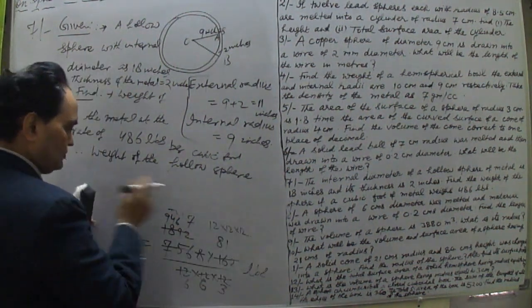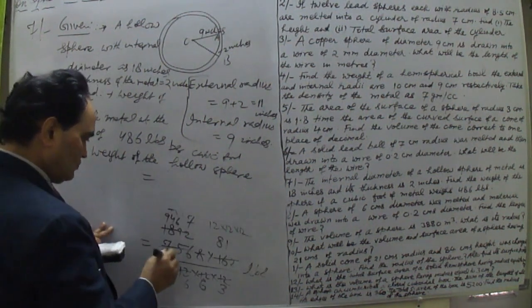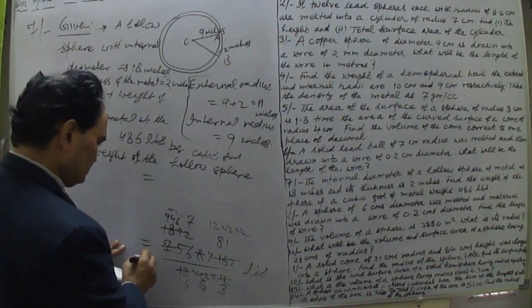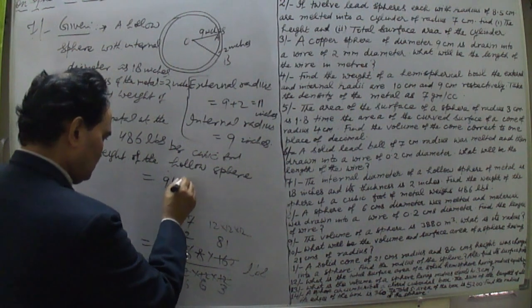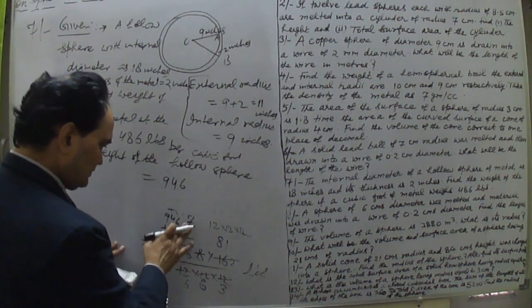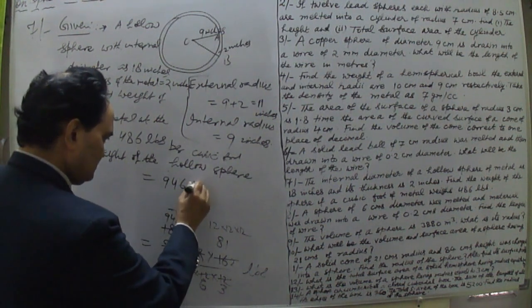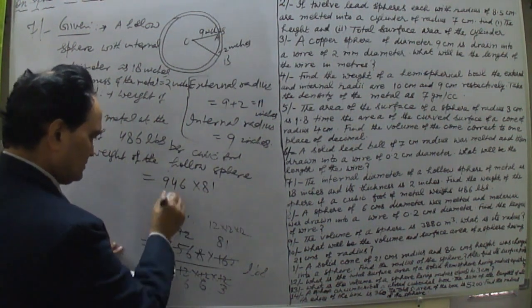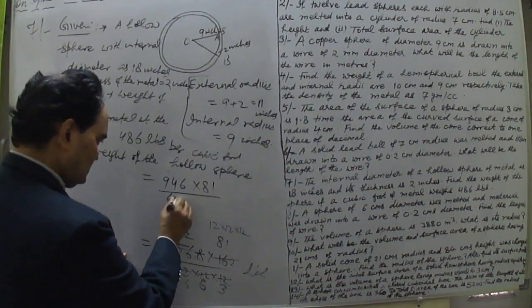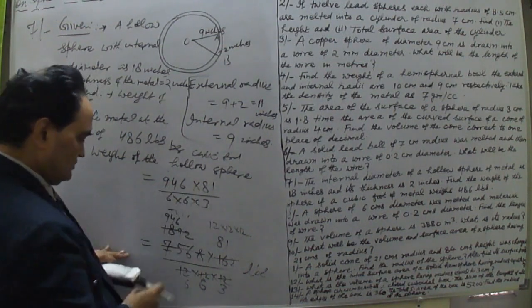Weight. This is the weight of the hollow sphere. Up to now, what we have calculated is 946 into 81 divided by 6 into 6 into 6 into 3. The 3 values are there.